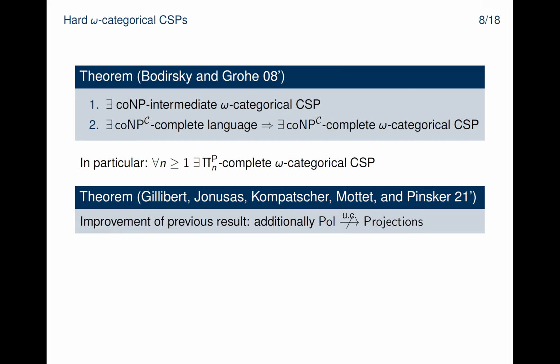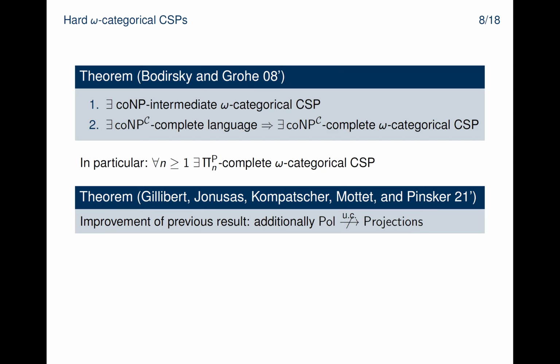Now, much later, more than 10 years, a set of authors looked at how the evolving algebraic approach to omega-categorical CSPs interacts with these results, and they were able to improve it by adding a condition related to the infinite domain CSP dichotomy conjecture, which should represent the tractable cases.